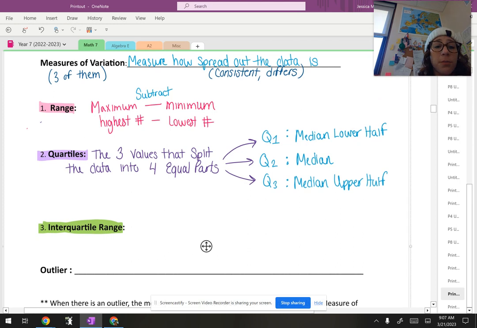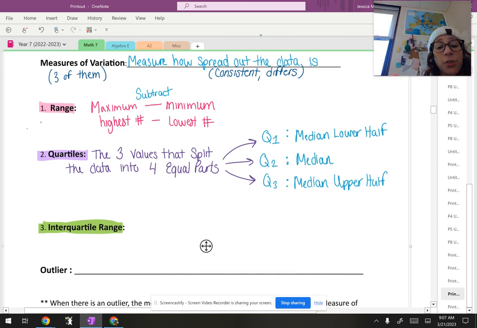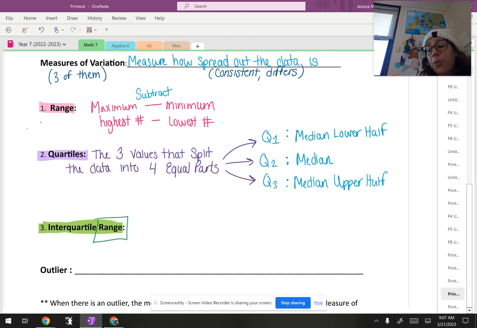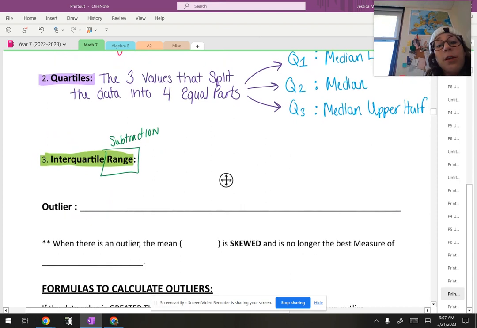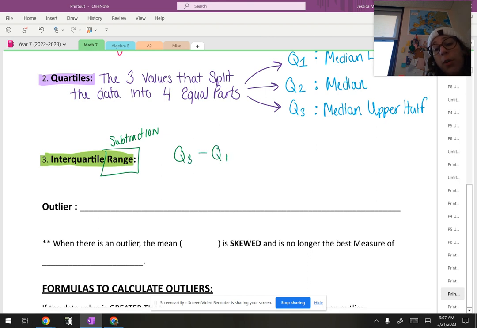The third measure of variation is the interquartile range. The word range is a clue that you're going to need to be doing some subtraction, just like we did in the range up there in pink. And what the interquartile range has you subtracting is actually Q3 minus Q1.